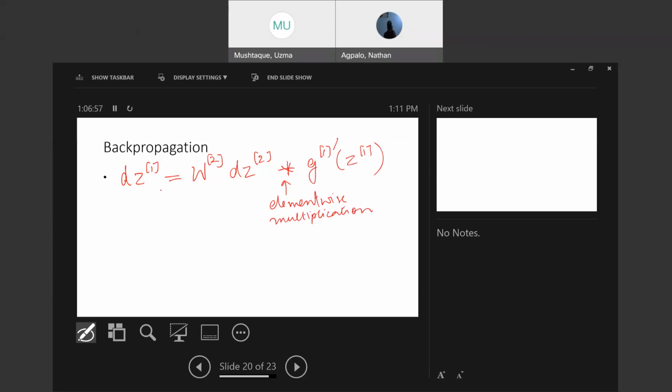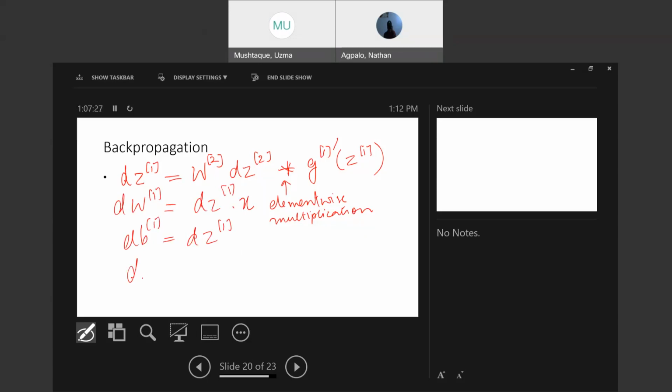Let me write down what is going to be dW1. This is going to be dz1 times x, and db1 is going to be just dz1. I would recommend everybody to go and check whether these equations are right or not. In general, if I'm writing it for any layer L, I need 4 things to come in.